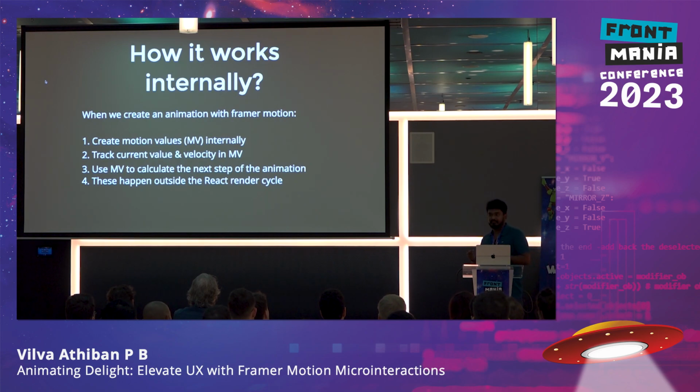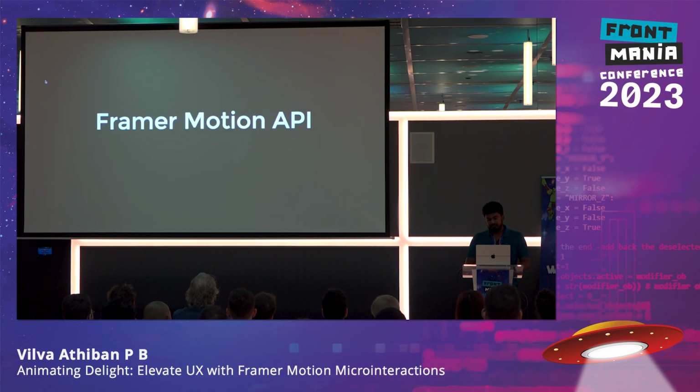Since we don't use state variables, it doesn't happen within the render cycle, and that gives us good performance for the animations. When the JavaScript is heavy, when there's serious computation, your animation is not sluggish. The main reason is that it is outside of the render cycle and directly operates on the DOM. This is how Framer works internally.